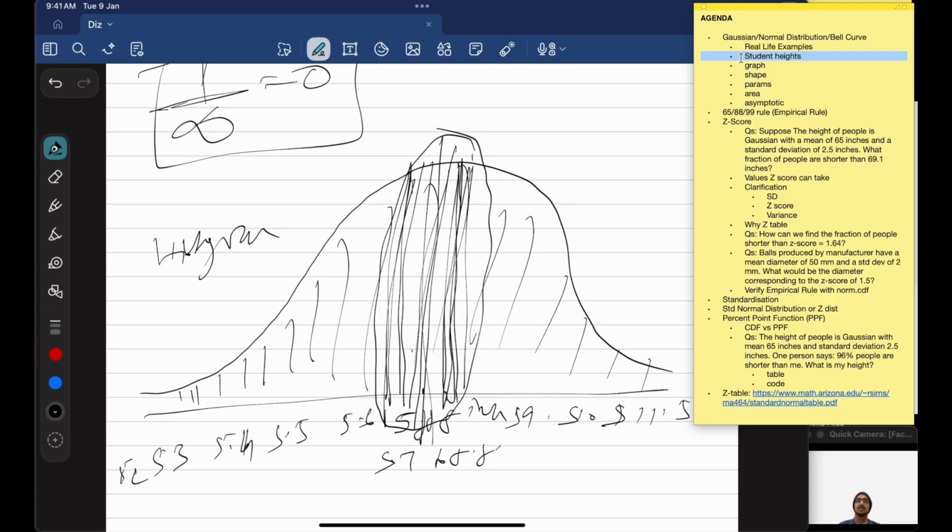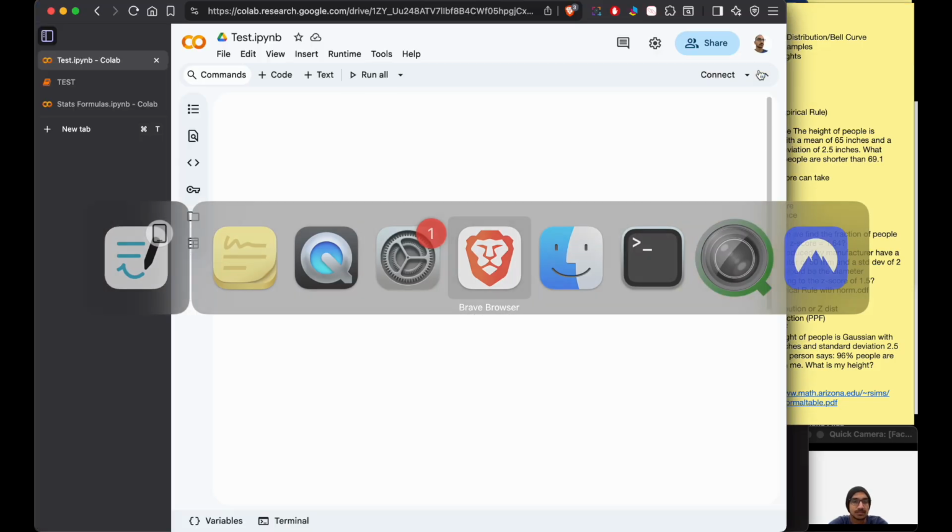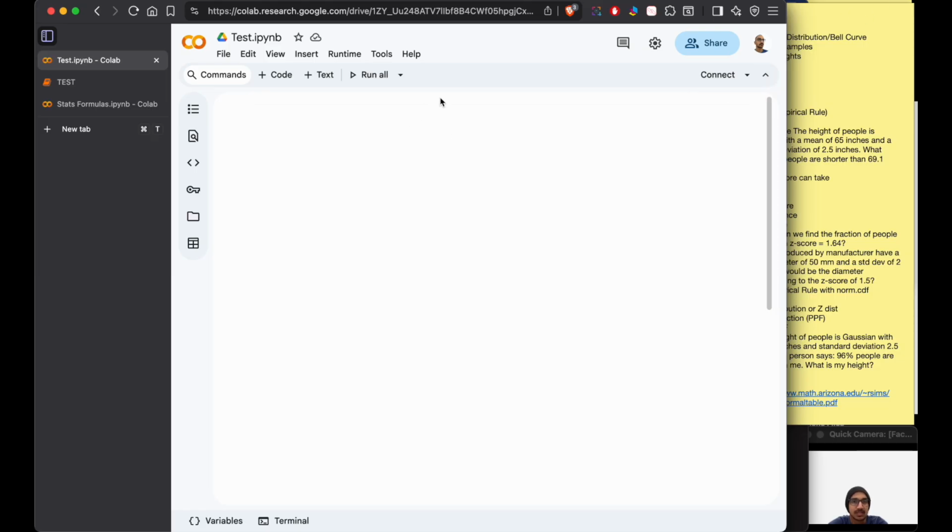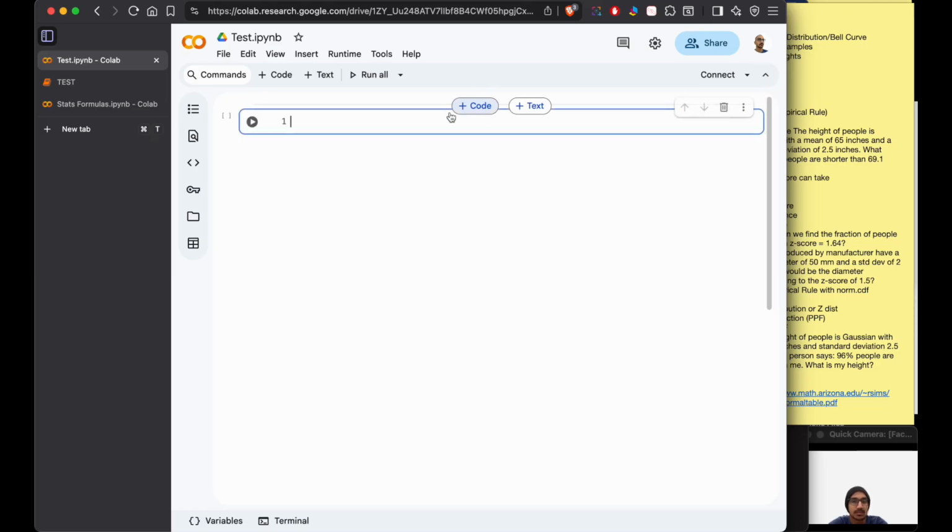And if we study its properties, okay, before that, let me plot the graph just to see how it actually looks in the code.